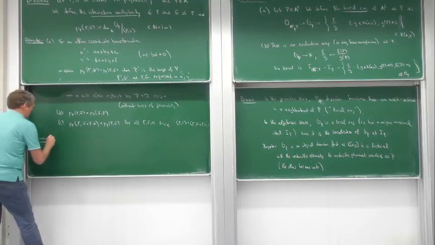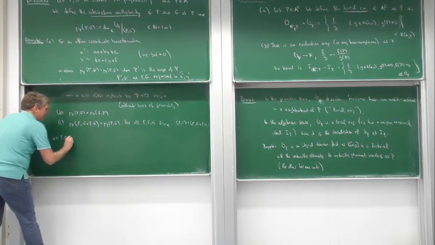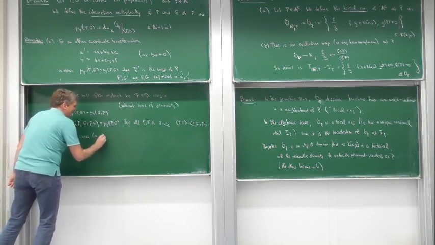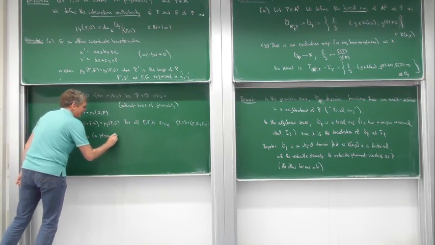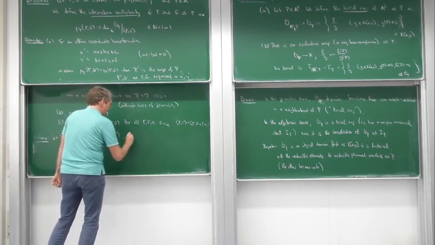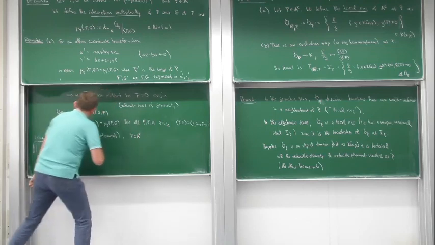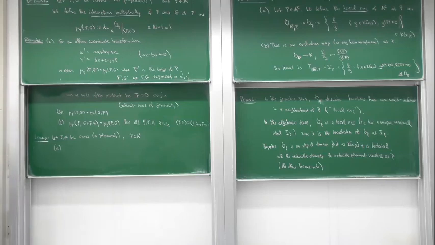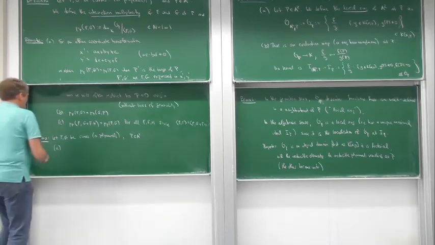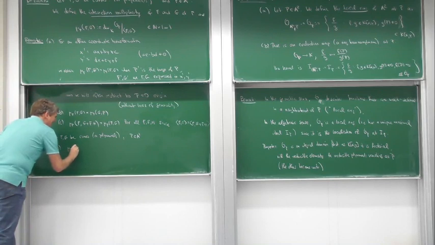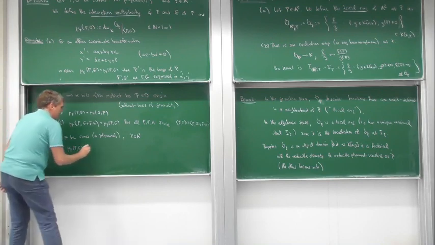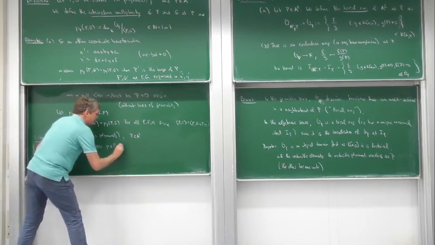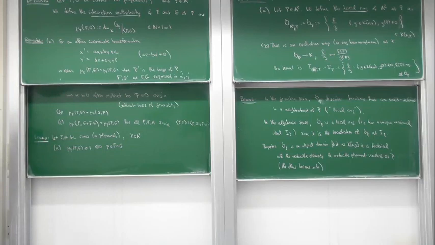So for that, we let again F and G be curves or polynomials, and P a point. And then the first statement is that the intersection multiplicity is at least 1 if and only if they actually intersect in P. That means mu P of F and G is at least 1 if and only if P lies in the intersection. So in the sloppy notation, I would write it like that.